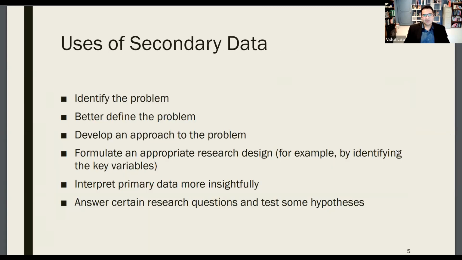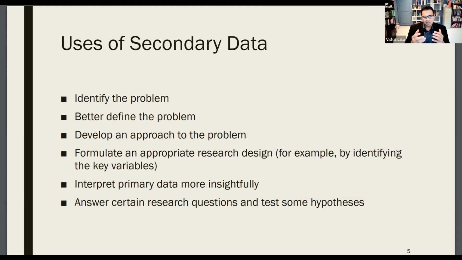As such, secondary data may be used to identify the problem, better define the problem. It may also help inform an approach to the problem, formulate a research design. It might help shed light on primary data itself, helping one to interpret the primary data more insightfully.